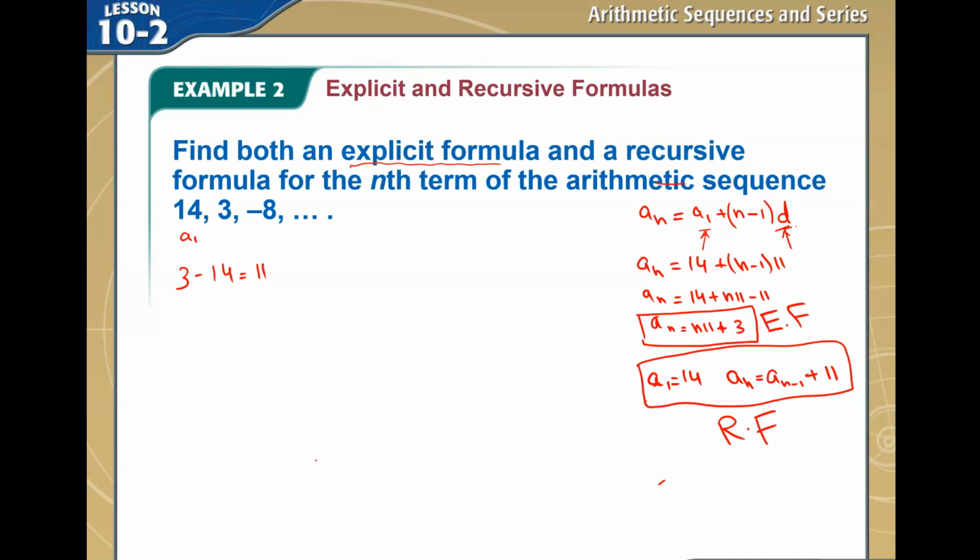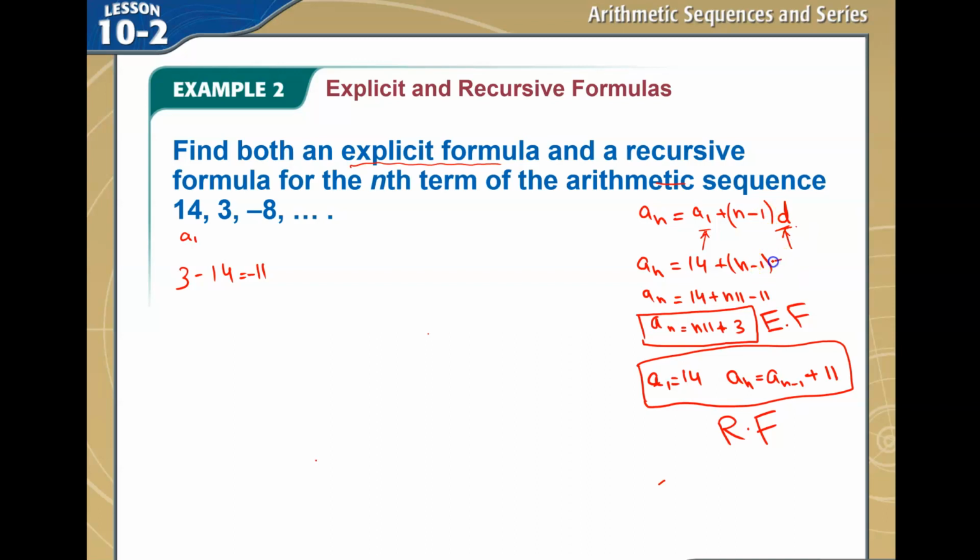First of all, for the explicit formula, you write the nth term right here, and then you find the common difference. The common difference is the second minus the first term, so 3 minus 14 is, oh no wait, this is negative 11. Oh my gosh, this is negative 11. I'm so sorry. Here it's going to be negative 11.